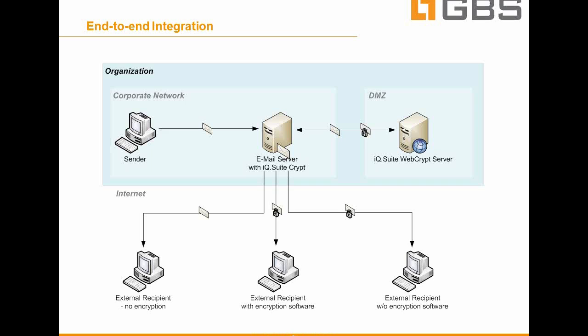So this is where we typically use S/MIME certificates. An additional advantage is if we talk a little bit about the concepts behind the two encryption technologies. PGP is a web of trust.